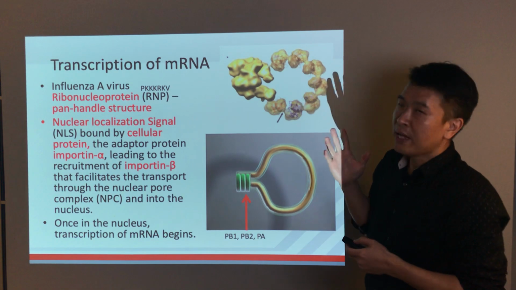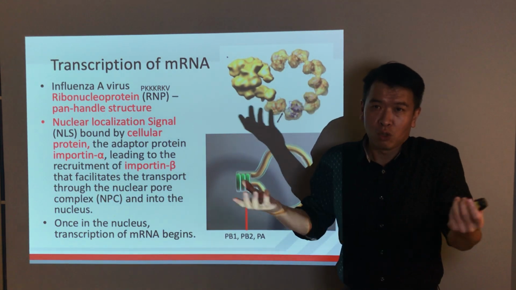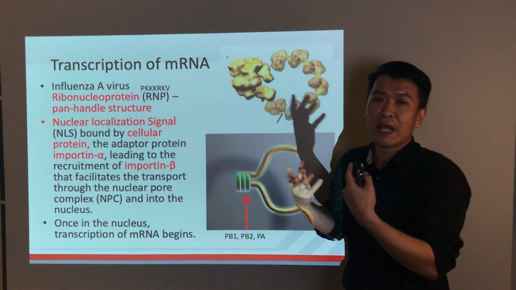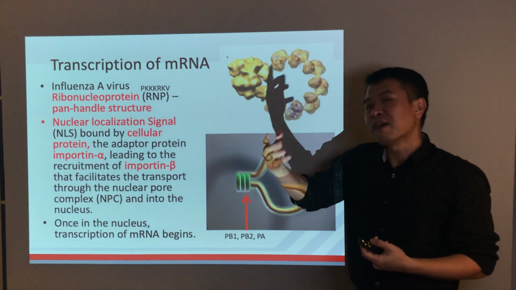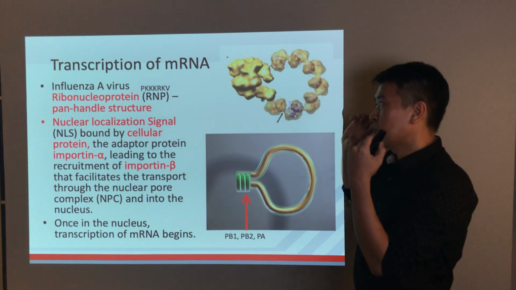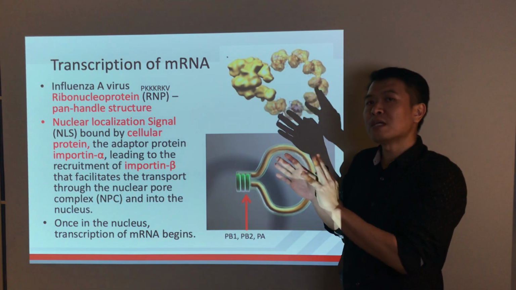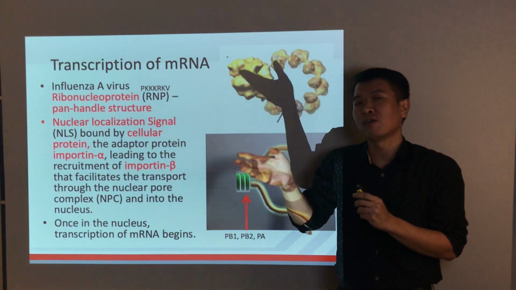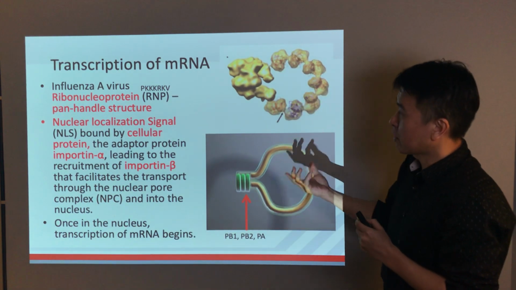So when they do not have capping functions, where can they get the cap? The only way that they can get the cap is in the nucleus where there are a lot of mRNA. So the virus has gone through all these evolutions, making sure that their ribonucleoprotein will now be translocated into the nucleus where there are a lot of mRNA that have caps.